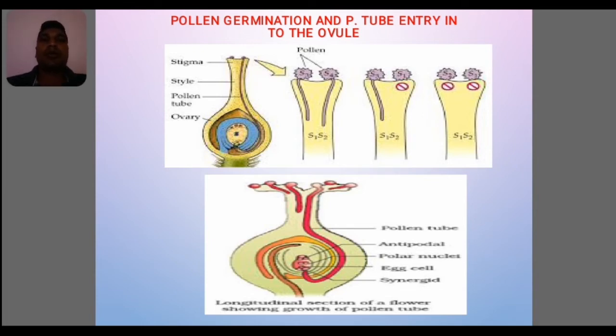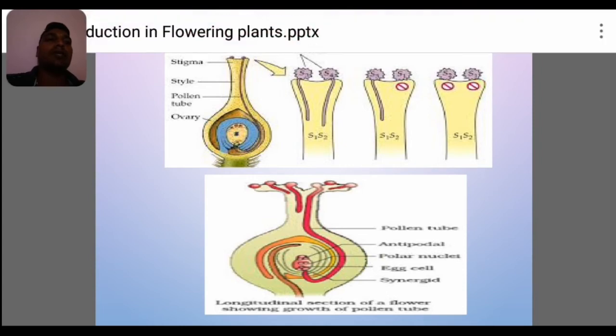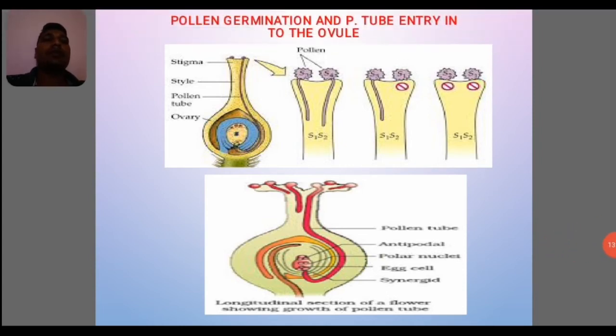There the pollen pistil interaction occurs, and it is very specific. Not all the pollen grains reach the ovules, only very specific ones. Then here it is shown that some specific pollen grains can enter that style.